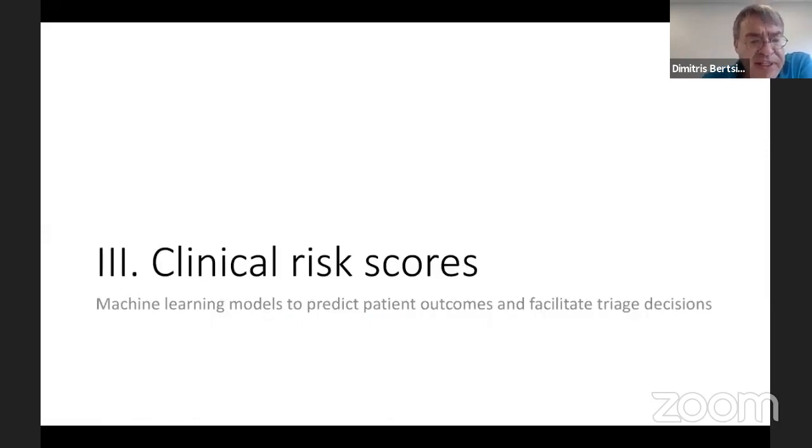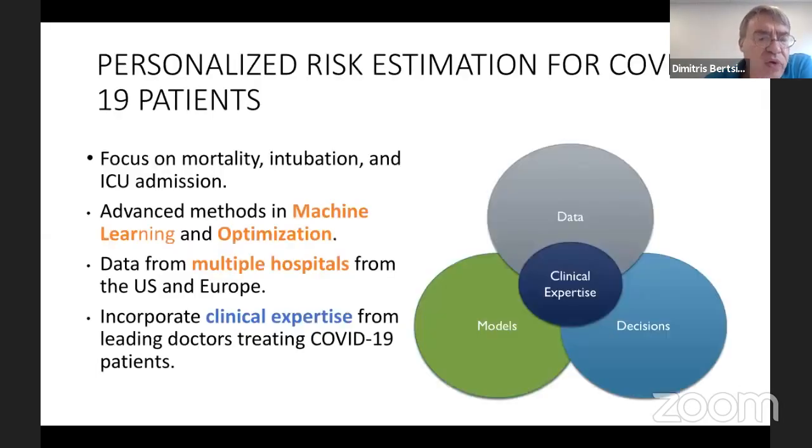The last part of my presentation is on clinical risk scores. We utilize machine learning to predict patient outcomes and facilitate triage decisions. Specifically, we have focused on mortality, presence in the ICU, and also infection.